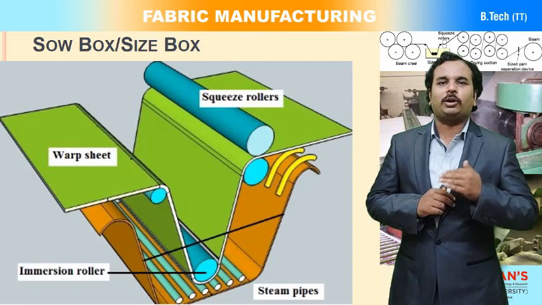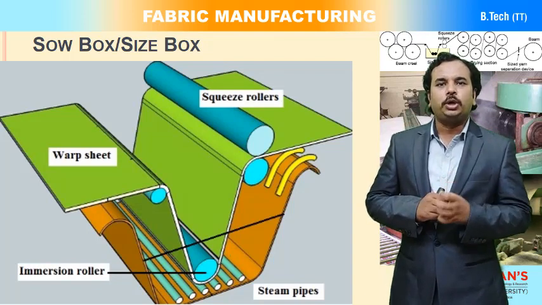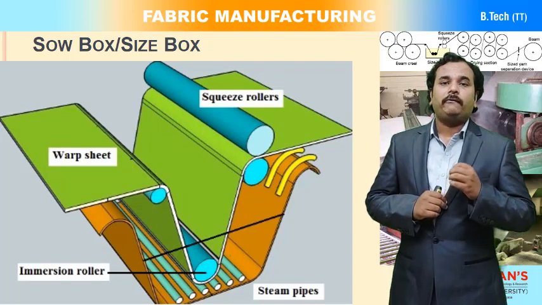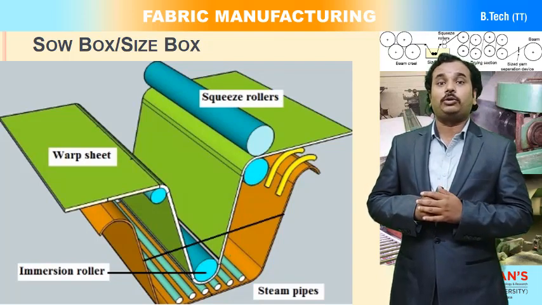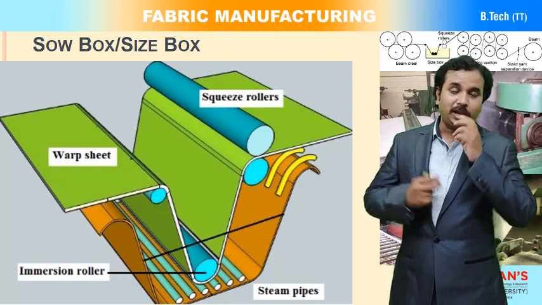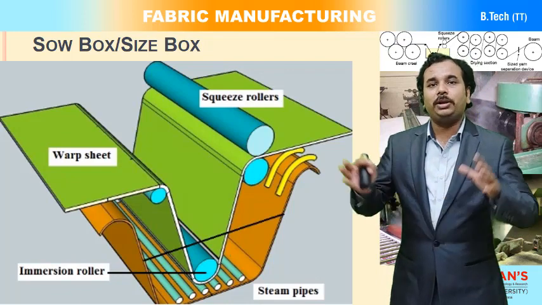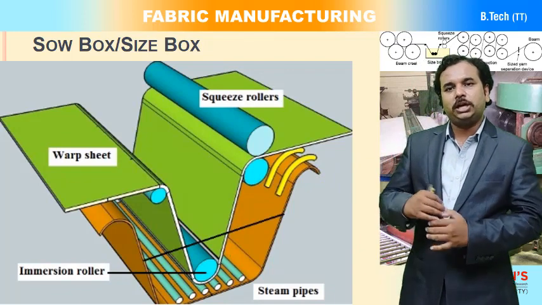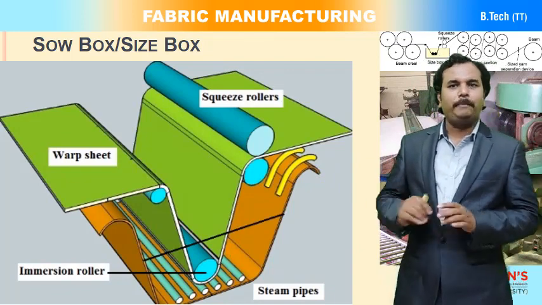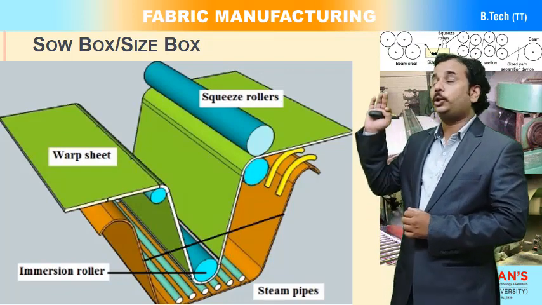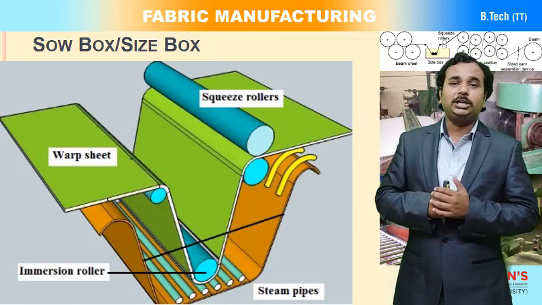These squeezing rollers are available in the trough only, so whatever excess size paste is squeezed out remains in the size box. After the squeezing, the warp sheet is sent to the drying zone.